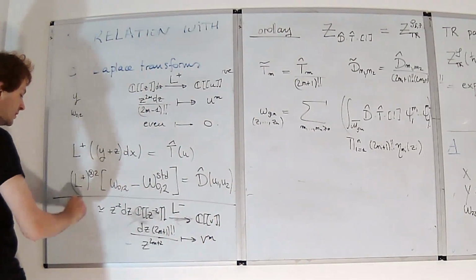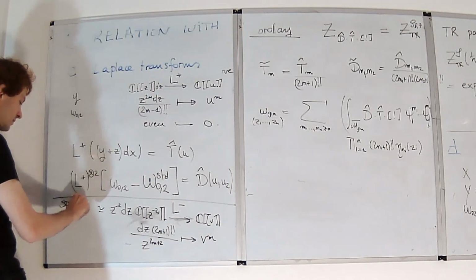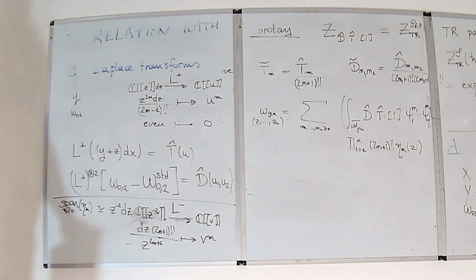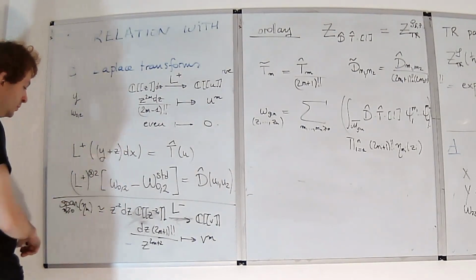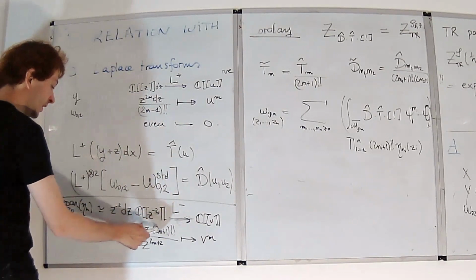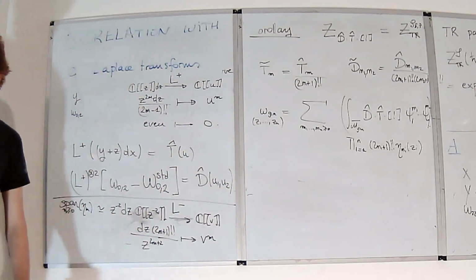This space is isomorphic to the span of the eta as a vector space, because eta is characterized by its linear part, so I just throw away the positive part that defines the linear isomorphism. And so I want to send eta_m times this (2m+1) double factorial to v to the power m.